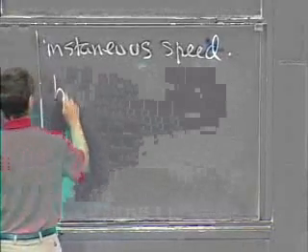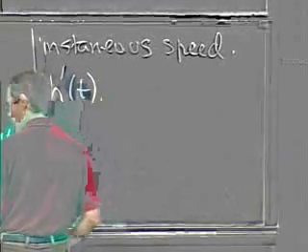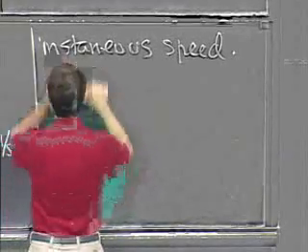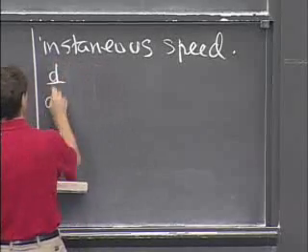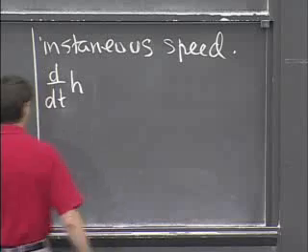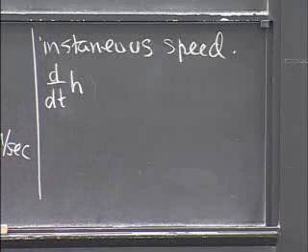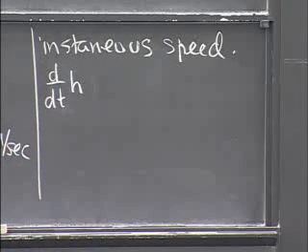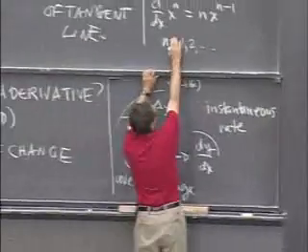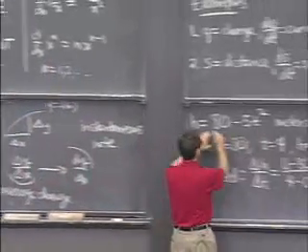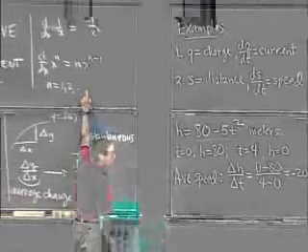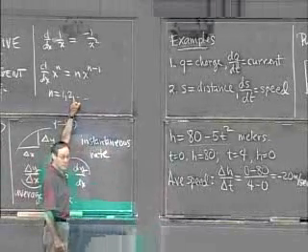That's the derivative. Or maybe I should, to be consistent with the notation I've been using so far, that's d by dt of h. All right? So that's d by dt of h. Now remember, we have formulas for these things. We can differentiate this function now. We did that yesterday.